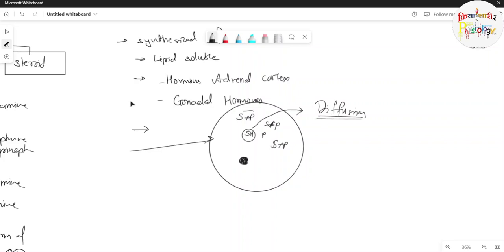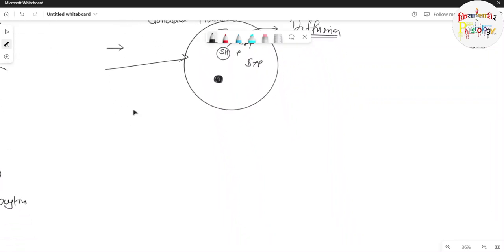Okay. Protein hormones or amine hormones are secreted outside the cell by calcium mediated exocytosis. But steroidal hormones are secreted outside the cell by diffusion. Okay. Examples of steroidal hormones: first, glucocorticoids secreted by the adrenal cortex.